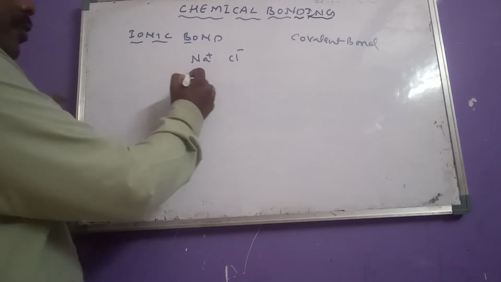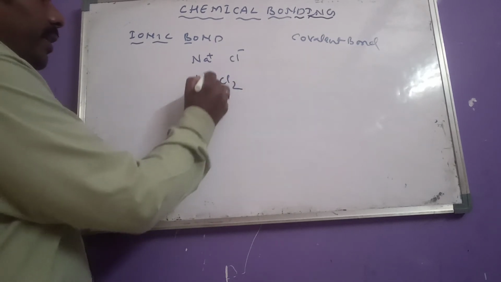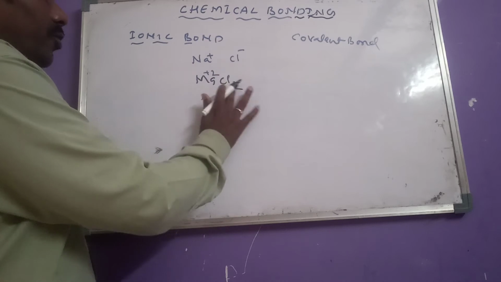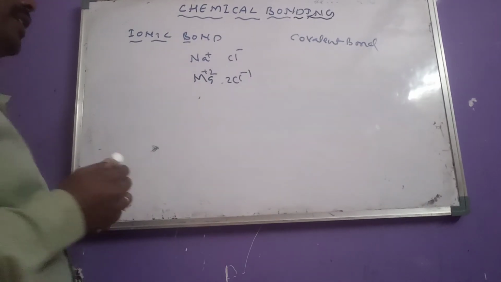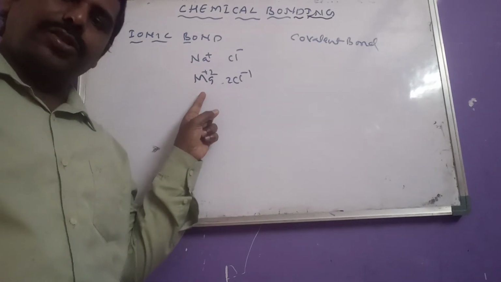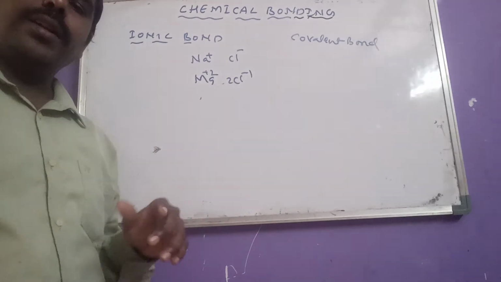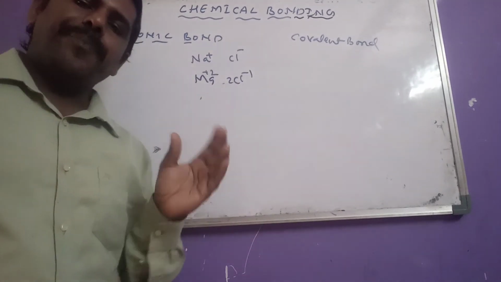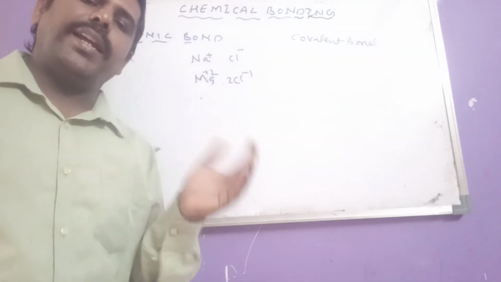Now if you come to MgCl2, in this magnesium is present in +2 state and chlorine is present in -1 state. So electrovalency of magnesium is 2 and electrovalency of chlorine is 1. So in AlCl3, aluminium forms Al3+ by losing 3 electrons.